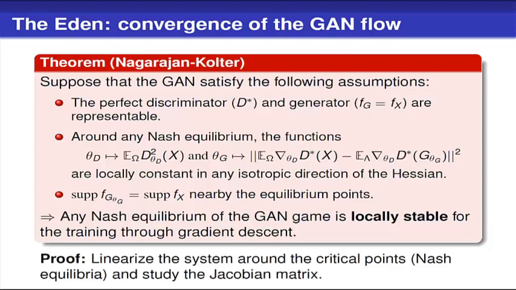You also have a technical condition regarding cost functions, and you have to be able to approximate the right support of the random variable, not only exactly at the Nash equilibrium, but also in a neighborhood. And this is a problem.